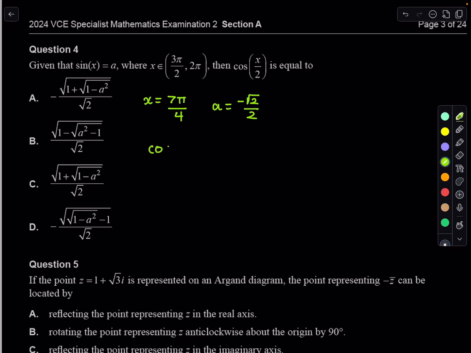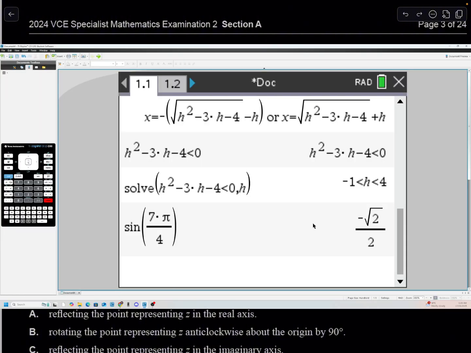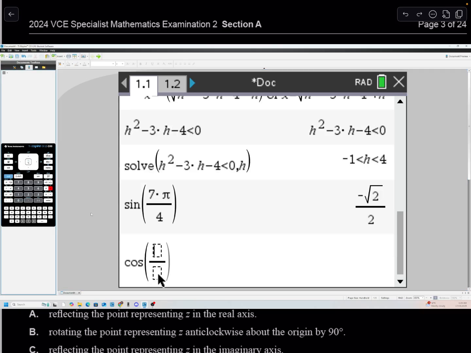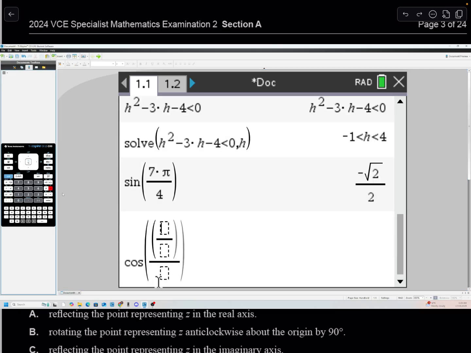So we want to find cos. What's our x value? Our x value, of course, is 7 pi over 4. And don't forget, you need to divide it by 2, yeah? And that's going to be equal to one of these over here. We're going to put each one of these values in my CAS. So, for example, cos 7 pi over 4 over 2.